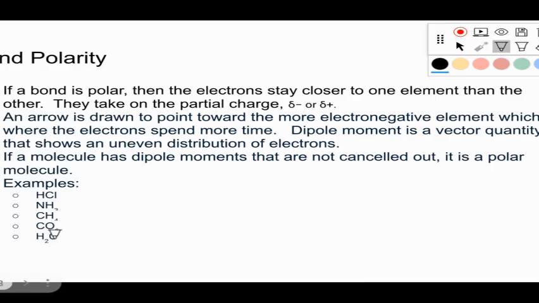CO2 is going to have 4 electrons from my 1 carbon, and then 6 for each of my oxygens. So I have 6 times 2, which is 12, plus 4, which gives me 16 electrons I've got to do something with. Carbon's going to be my central atom. I'm going to put my oxygens on either side.